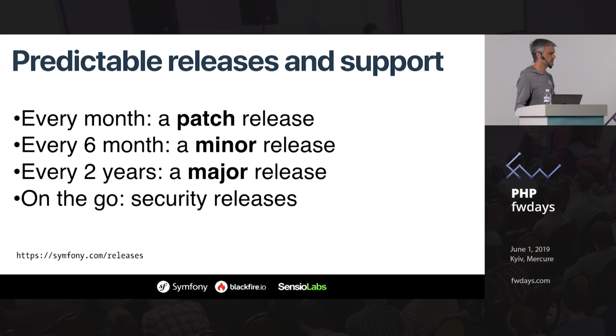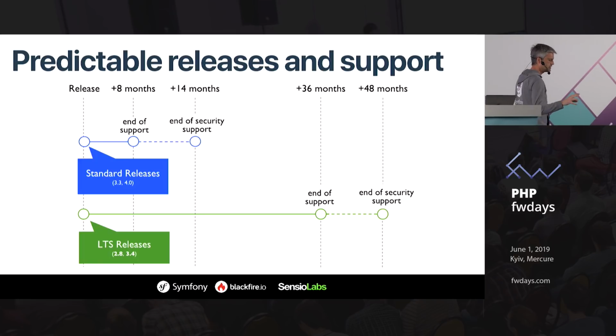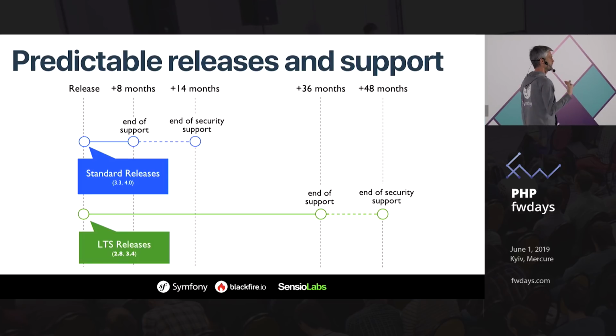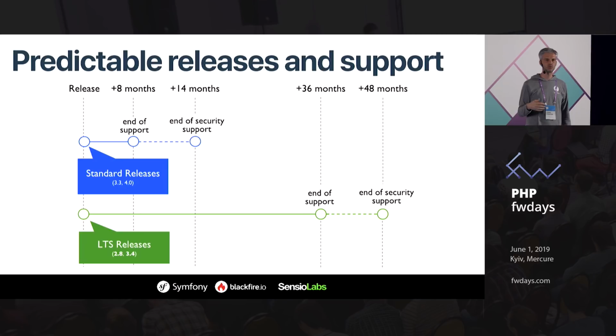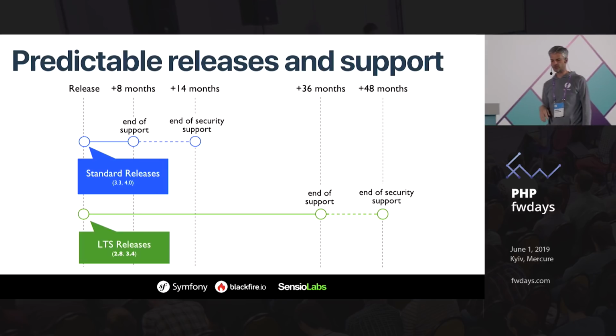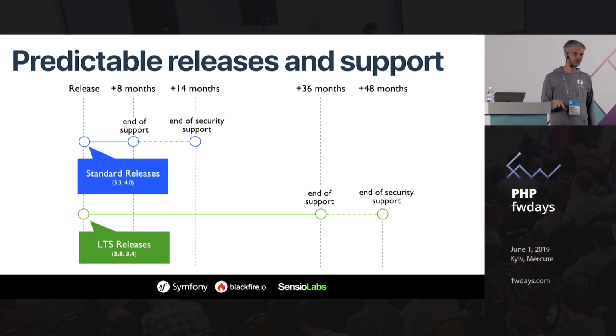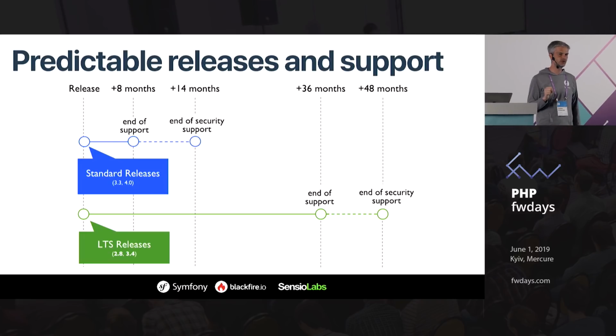Talking about processes, we have standard releases and LTS releases, so the support for LTS releases is way bigger than standard releases. That being said, nowadays, I would not recommend you to use LTS releases anymore.